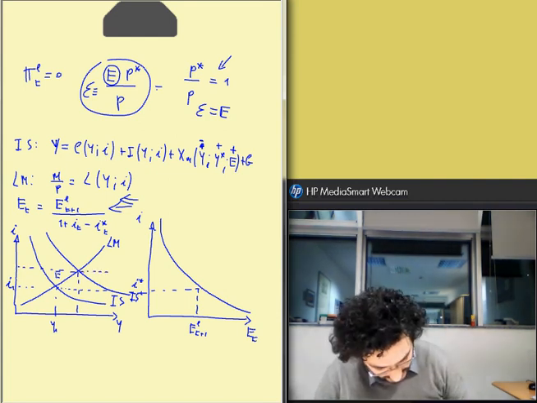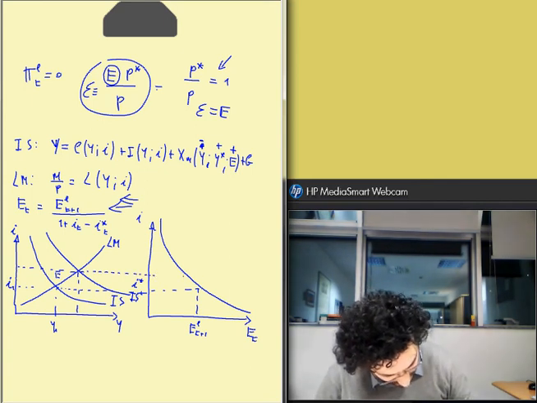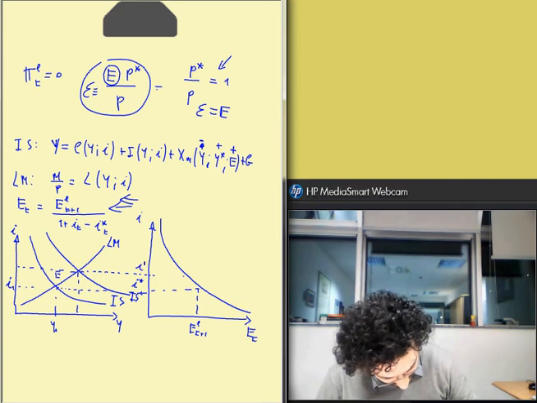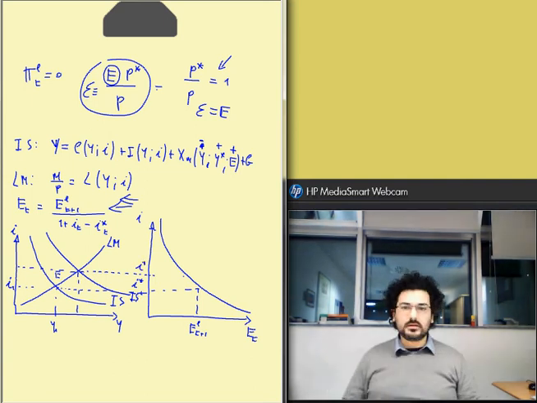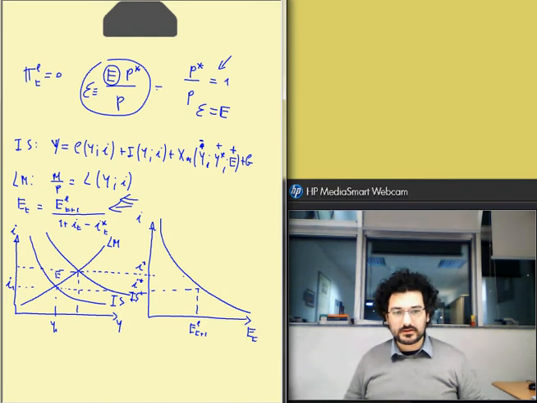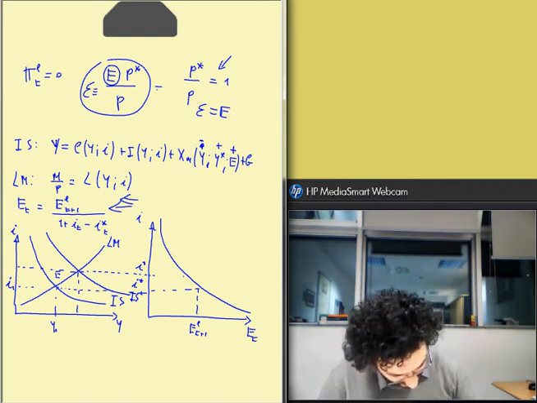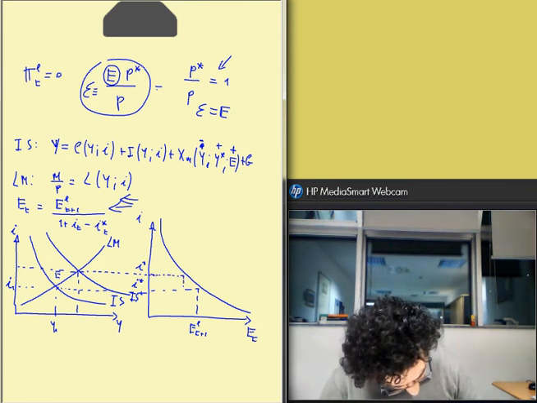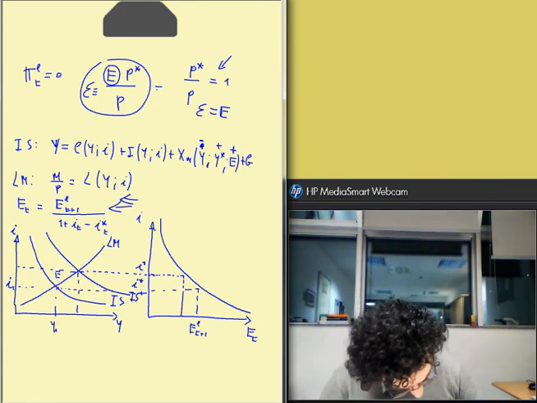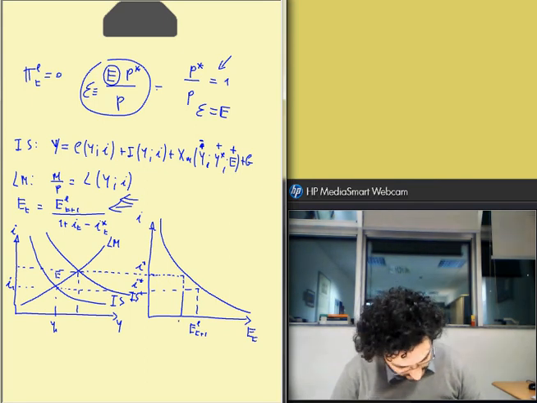This increase in interest rate means that today we can observe a new interest rate, I prime, which means that the exchange rate will appreciate to the level E prime.